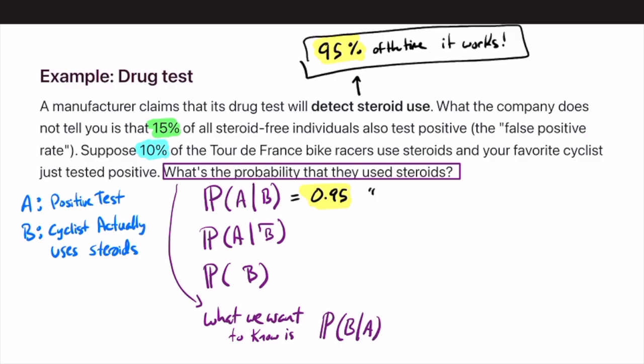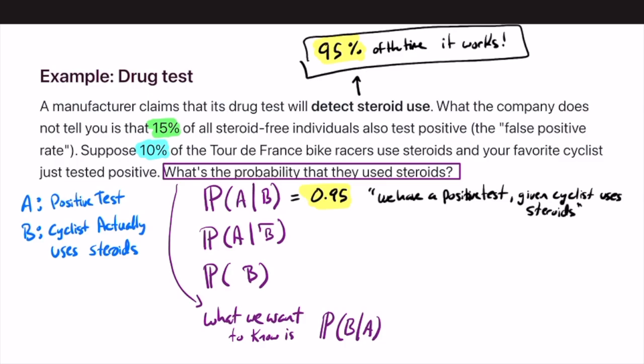So in plain English, that's going to be that we have a positive test given B, B being that the cyclist actually uses steroids.